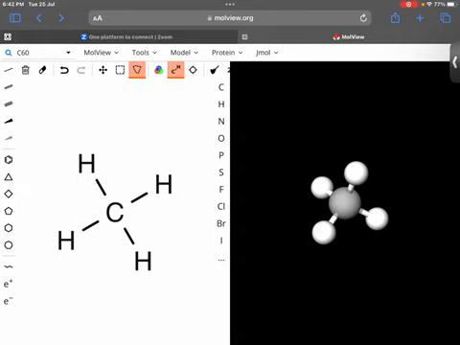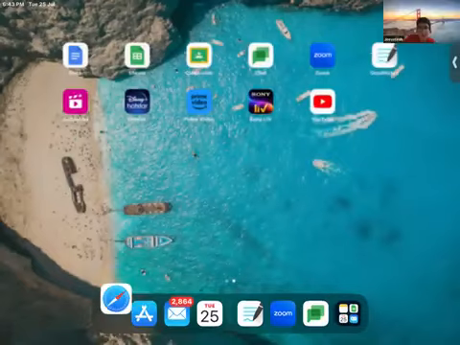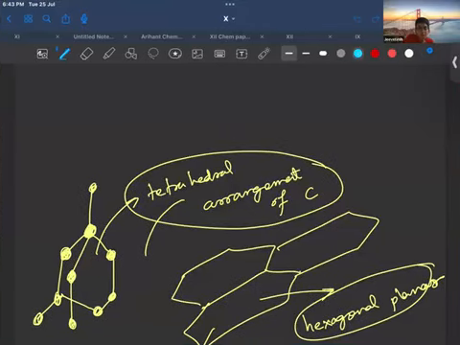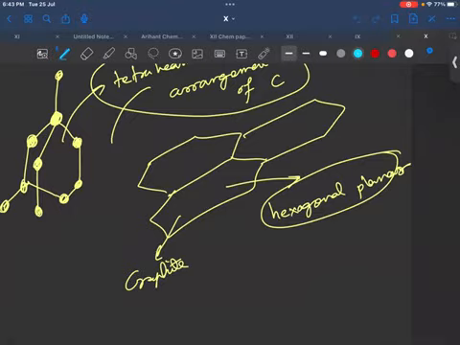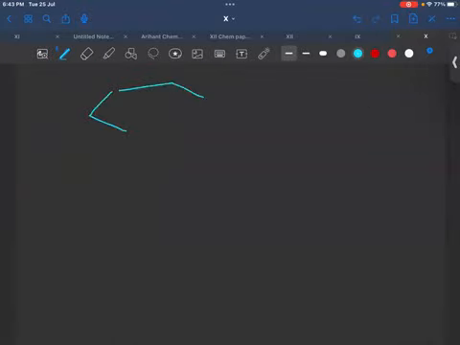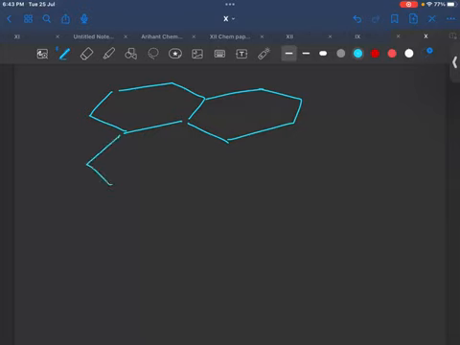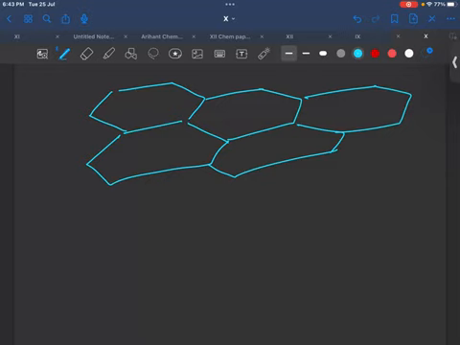Then we were talking about diamond, and then graphite. So in graphite, I told you there is a layered, hexagonal structure. In the plane, you will have hexagonal layers. This is one plane, and below you have another plane.